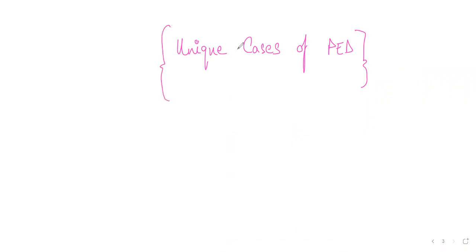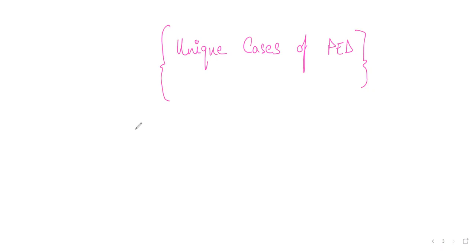Now, today we said we will talk about unique cases of price elasticity of demand. Before that, let's do a recap of what we have done so far. Yesterday we talked about only two cases.